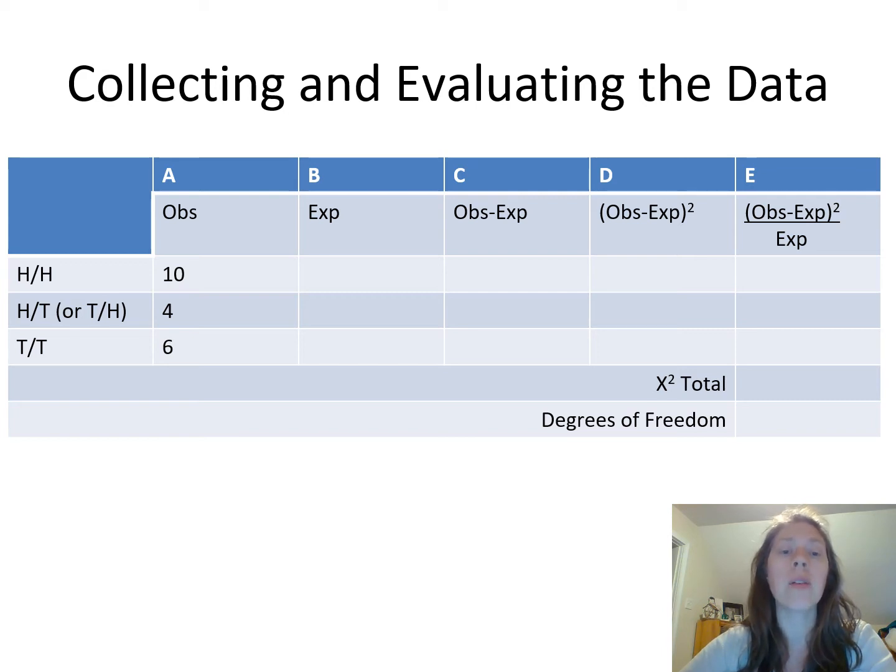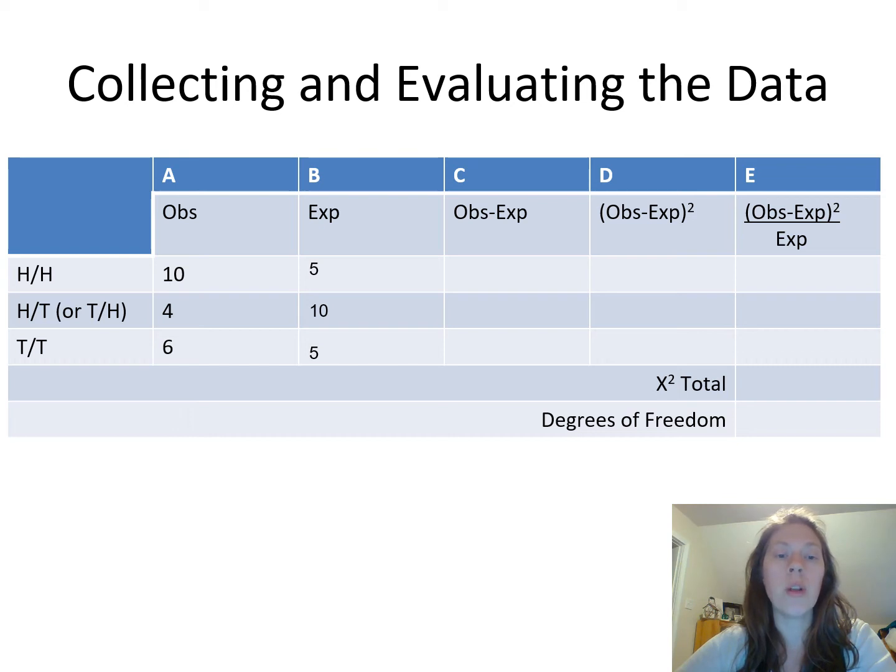And now we have to ask ourselves, if we assume that 50-50 ratio, what is my expected outcome for each of these? We can use our multiplication rule here. If I've got a 50% chance and a 50% chance, that's going to give me a quarter chance to get both heads.